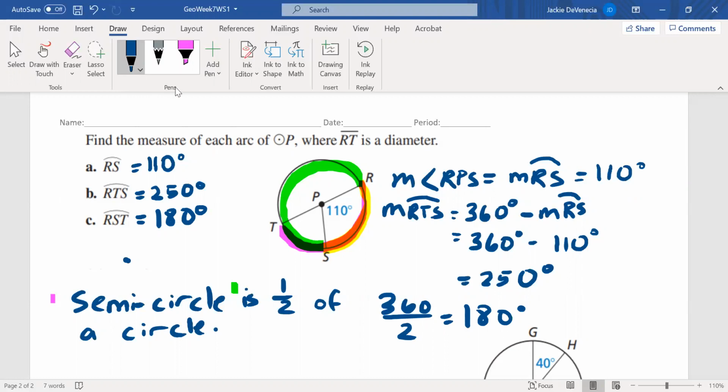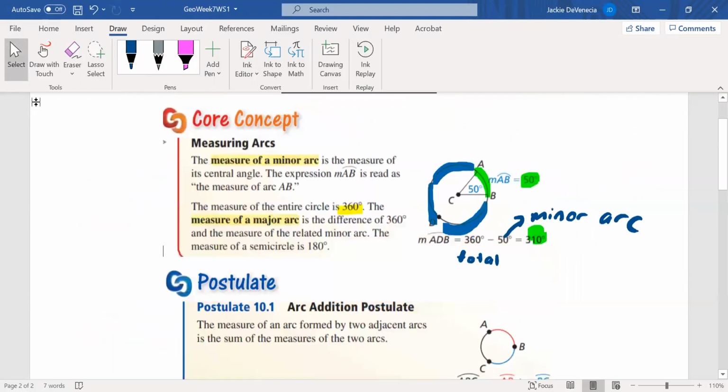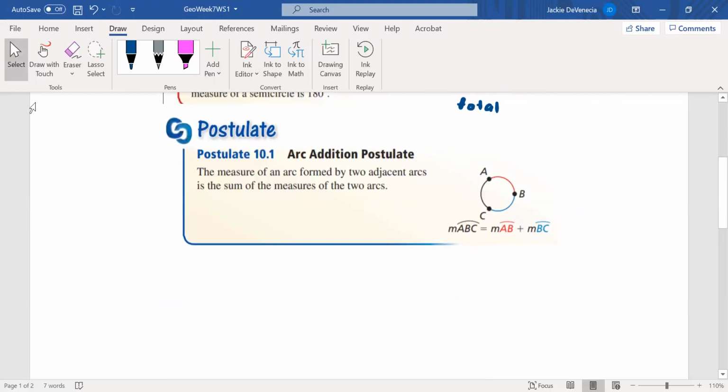All right, so let's scroll back up. Now we have this one. This is the arc addition postulate. This is basically saying you can find the measure of an arc if you're adding up two adjacent arcs.